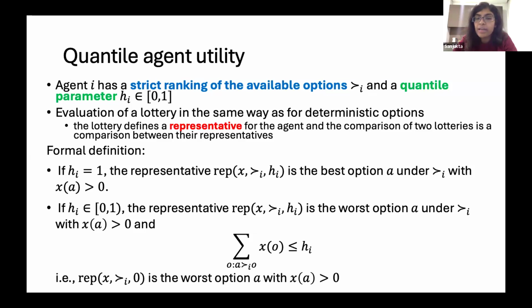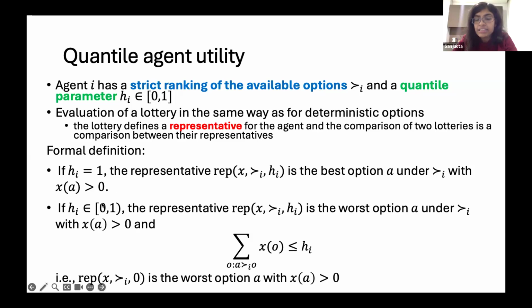If the quantile parameter h_i is 1, then the representative for a lottery X is the best option A under the preference of i such that A has positive probability.